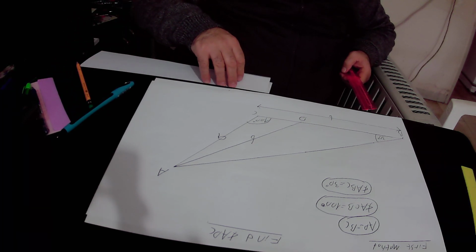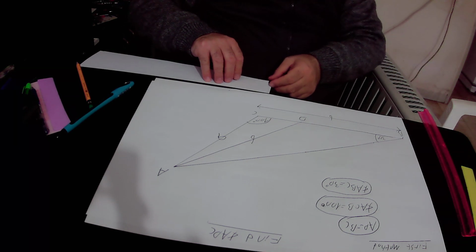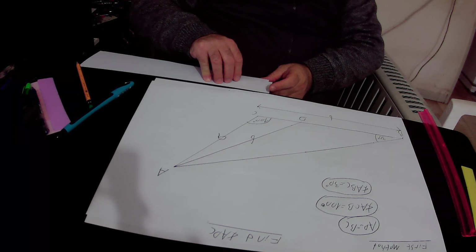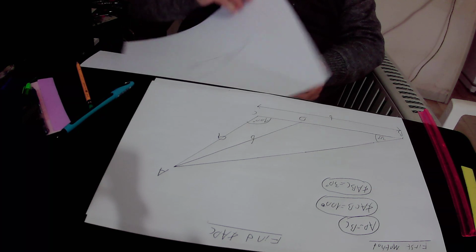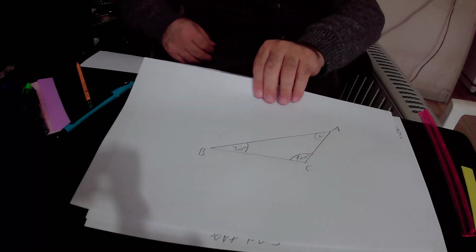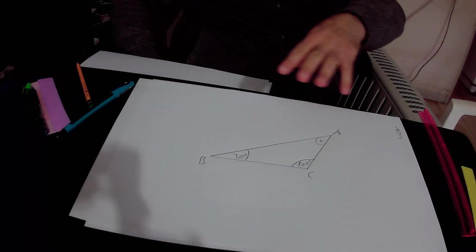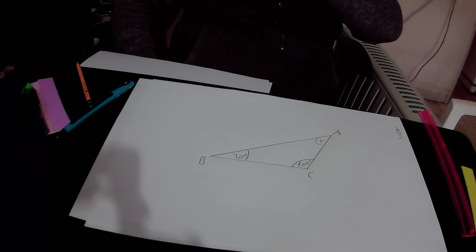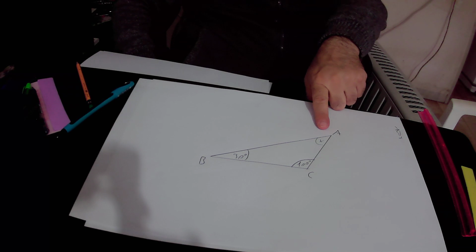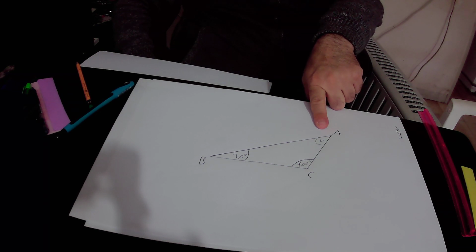So this is triangle ABC. I copied it from the original drawing. First of all, we will find the value of this angle BAC.